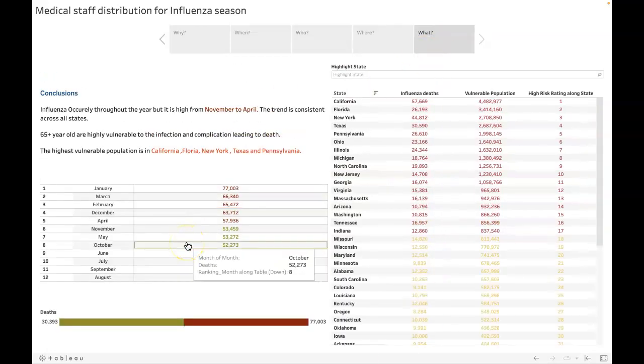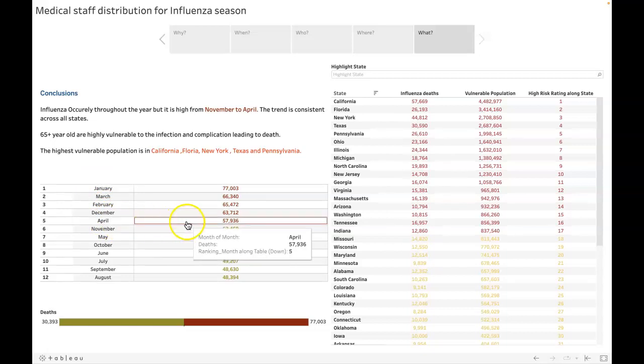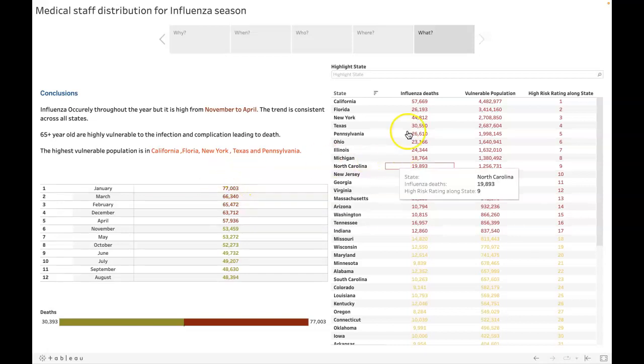To conclude our analysis, December to April is the high time for the spread of influenza and for the complications arising due to influenza. And California, Florida, New York, Texas, Pennsylvania, Ohio, and so on have the highest number of vulnerable population in the state.